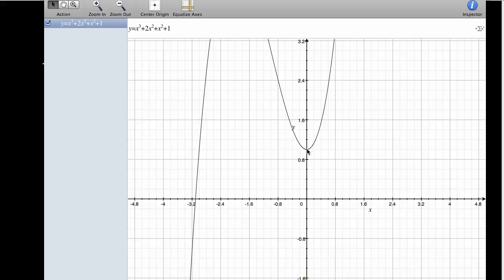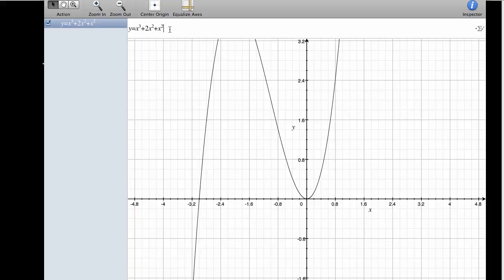And we see that it in fact goes through y equal to 1. So that gives you some idea of the impact that the constant value in the equation has. Now, of course, on this equation, if I set that constant value equal to 0, boom, you see it goes right through x equals 0, y equals 0. It goes through the origin right there. Okay, more later.